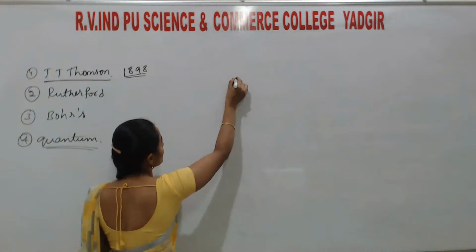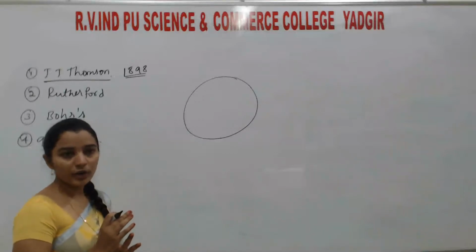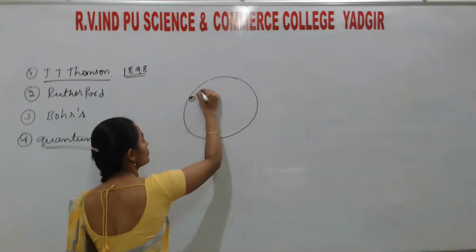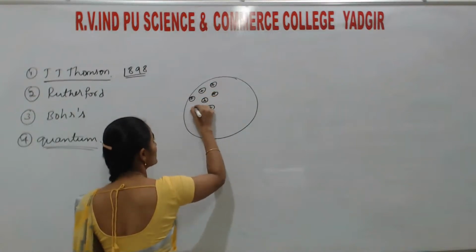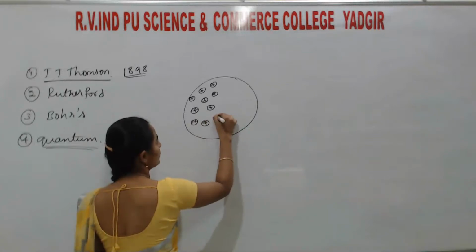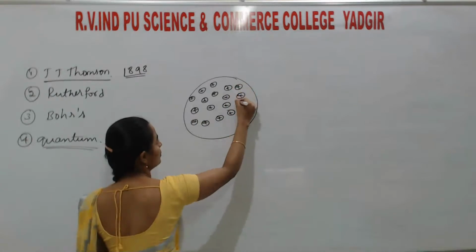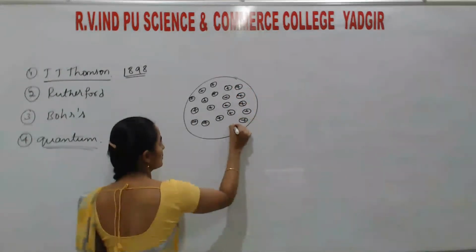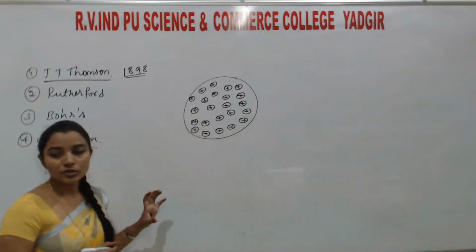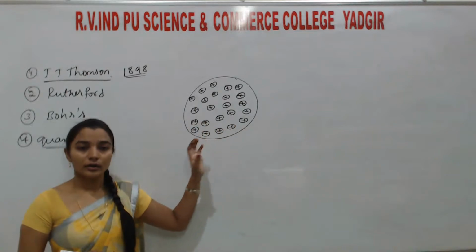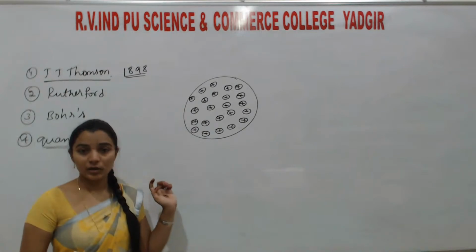For example, consider this is the boundary of an atom. Within this boundary, the positively charged species are uniformly distributed throughout the atom. Understood? So here what happens? Along with that, electrons are also there because electrons were already discovered.